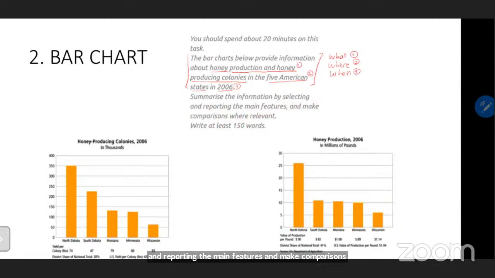Pay attention to selecting and reporting the main features. So you only have to select which one is important to report. You don't have to write everything. And the next one, make comparisons where relevant. Only compare when it is relevant.